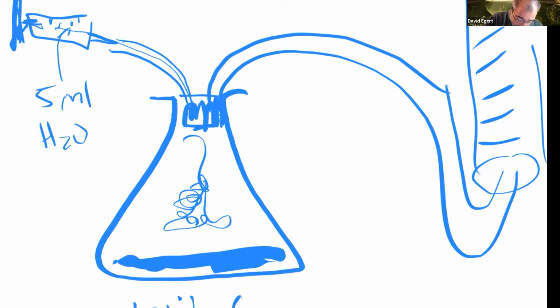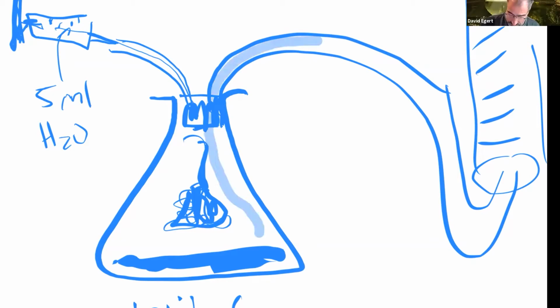But if you take 5 mils of water, it has to push something else out of the way to get in there. So the air gets displaced. Where's that air going to go as that 5 mils of water goes into the flask? It goes up the burette.